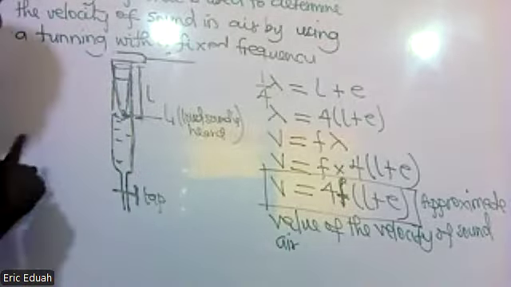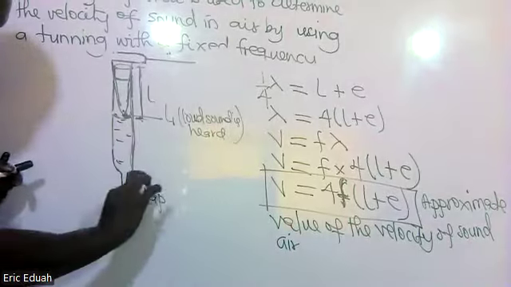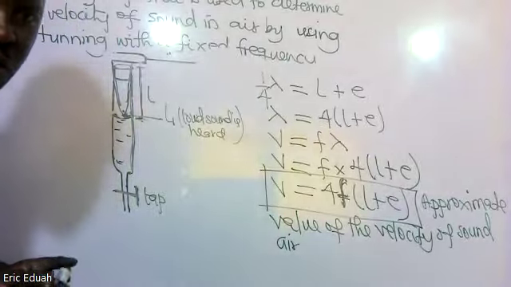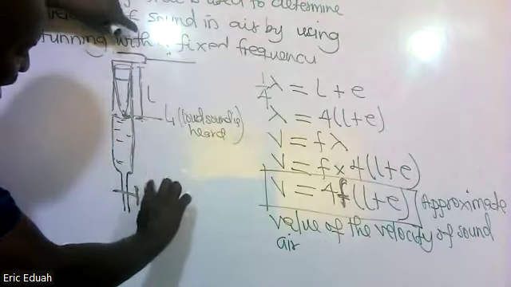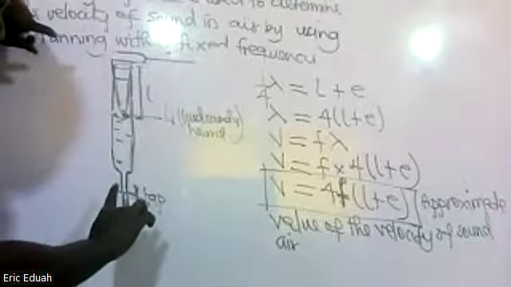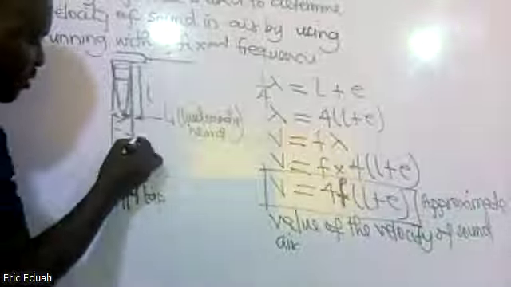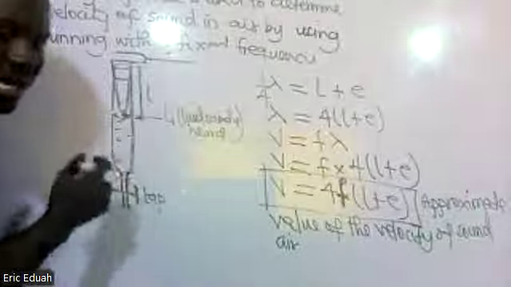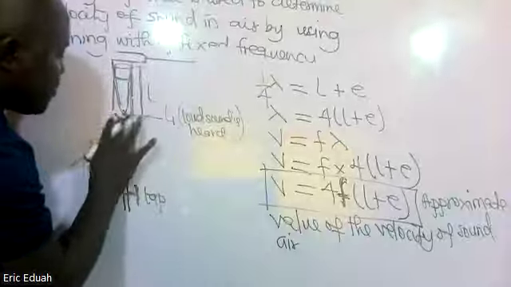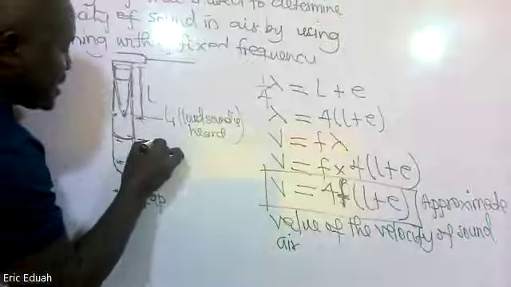So if I heard a loud sound at L1, then I strike the tuning fork on the rubber band and bring it again and continue adjusting the water level or air column within the pipe. Another possible length of the water column can produce another resonance. Let's assume that to be here. This is L2.